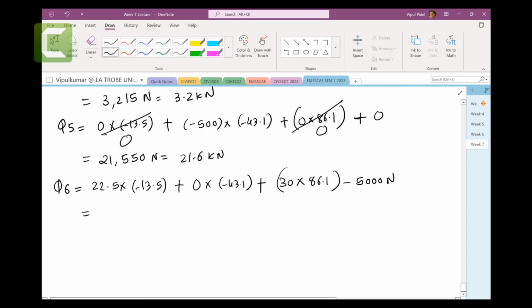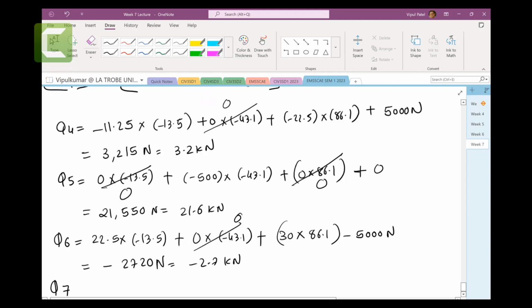So 22.5 times minus 13.5, this one's 0, plus 30 times 86.1, take away 5,000. So you got minus 2,720 newtons. So it will be minus 2.7 kilonewtons.